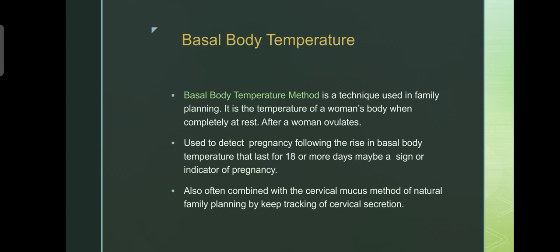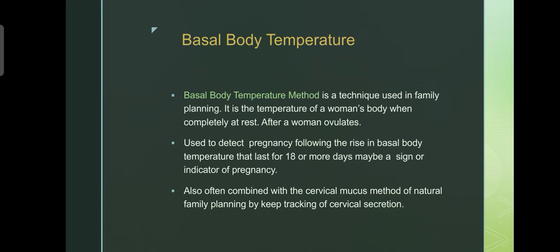Next is the basal body temperature. The basal body temperature method is a technique used in family planning. It is the temperature of a woman's body when completely at rest, or after a woman ovulates. It is used to detect pregnancy: a rise in basal body temperature that lasts for 18 or more days may be a sign of pregnancy.